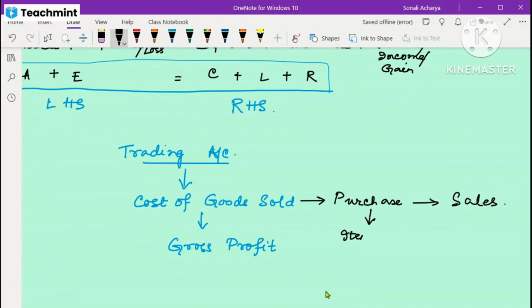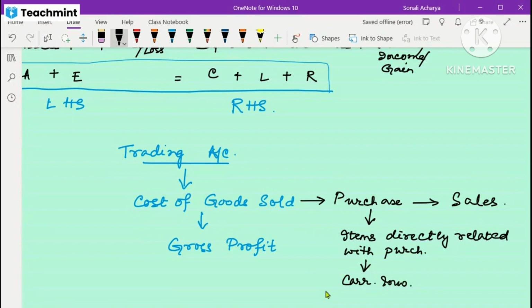the items that are directly related with purchase, which directly influence my purchase, for example carriage inward, because carriage inward means while purchasing goods we are paying a carriage.